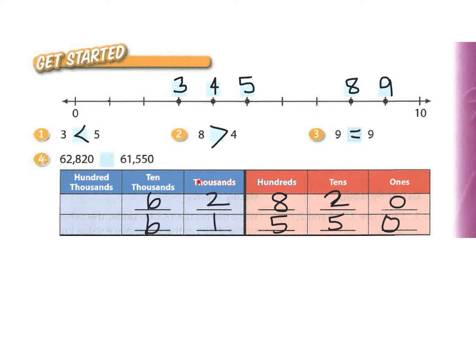So then we got to go down to the thousands place. We can see here, 2 and 1, those are different. So now we can compare, and we know that 2 is greater than 1. So that means that 62,820 is greater than 61,550. And we can tell that just by one of the place values.